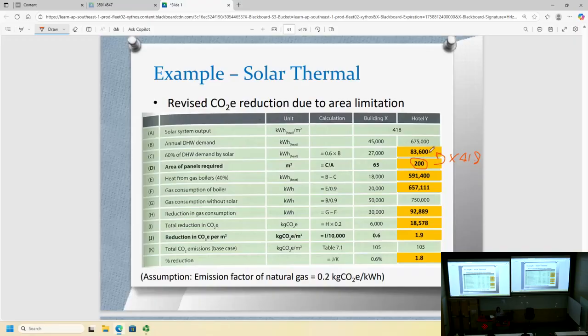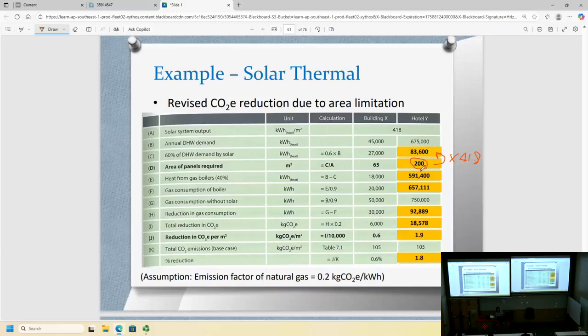Then we have the capacity of the solar collector panel. The area is 200, and for every square meter we can provide 418 kilowatt hour. So 200 multiply 418, we have 83,000 something of heat capacity provided by the solar thermal collector.